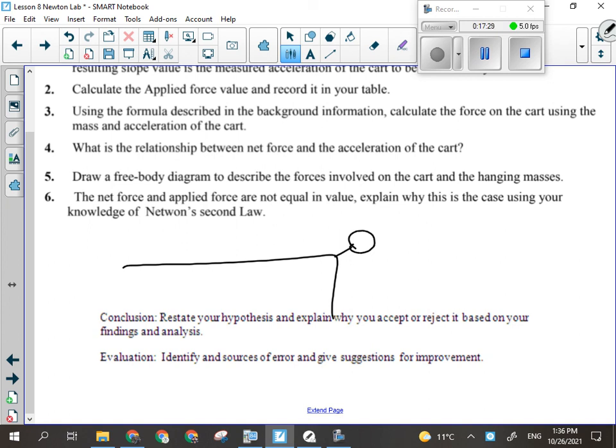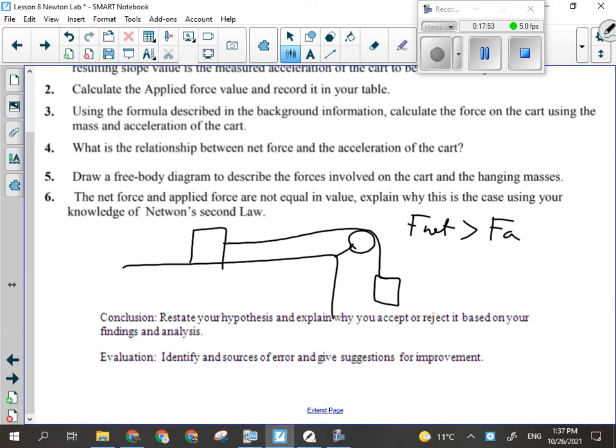But there are 2 different scenarios. You may only have one of them, or you may have both of them, like one in one trial and one in another trial. Here are the 2 scenarios. You may end up with a situation where the net force was actually greater than the applied force.